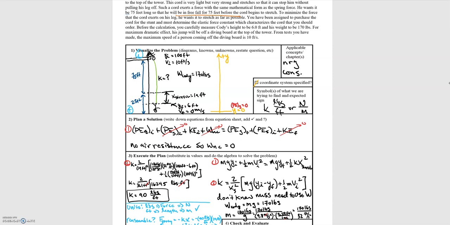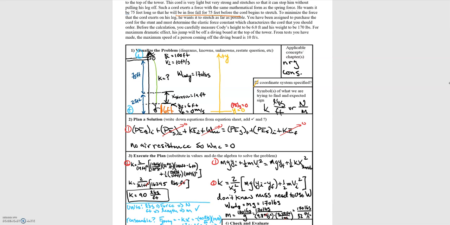The key here is that we're not going all the way down to the ground. We can't go all the way down to the ground, or else we would hit the ground, because a person has some height associated with them. That's why we need to account for this 6 feet down here. This is the 6 feet of the person.